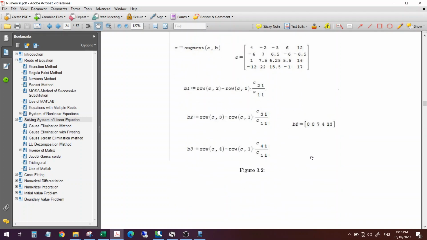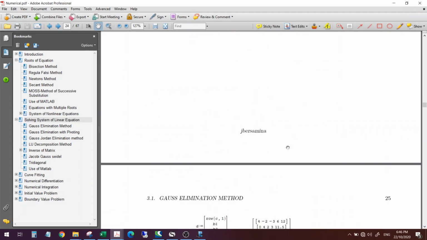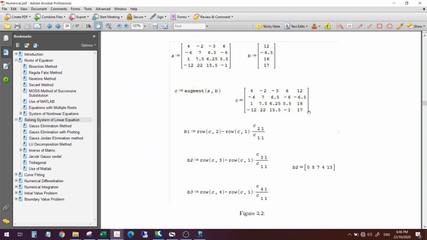Now, if you will also notice, we will create a new matrix out of this, out of the C matrix.